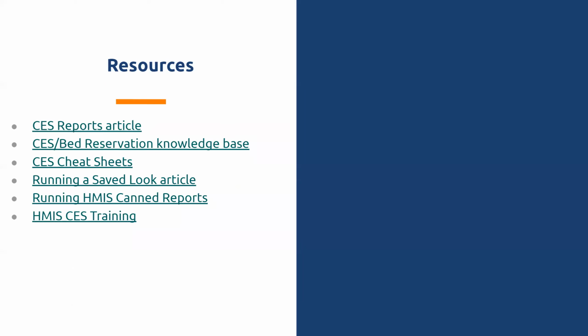Most of the reports we review today, you can review by reviewing the Running a Safe Looked article. The one report, the referral and stats report, will be run through our canned reports, so please review the HMIS canned reports KB. We also have a link to our previous CES training.